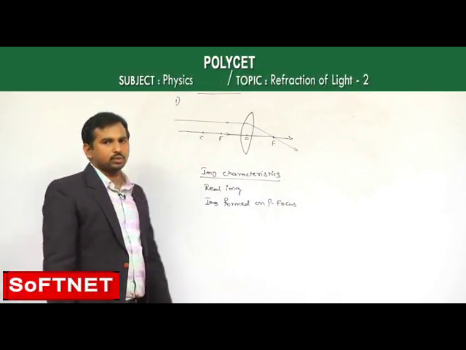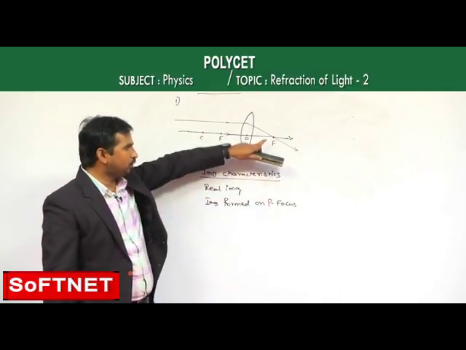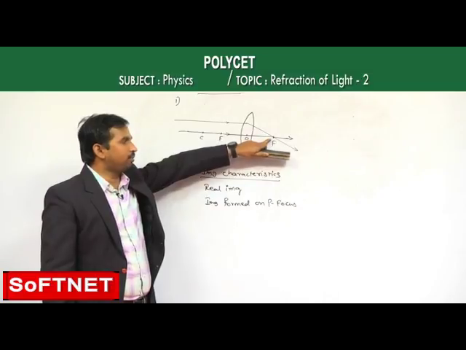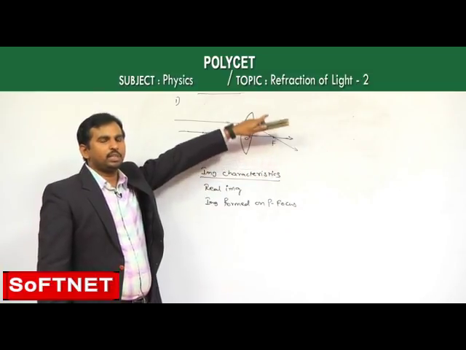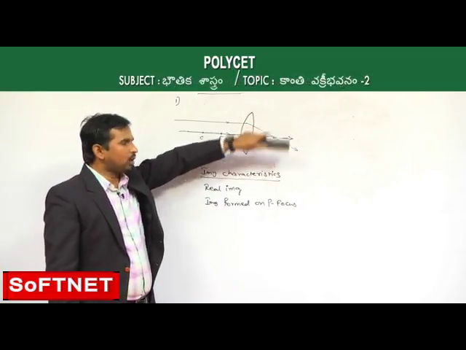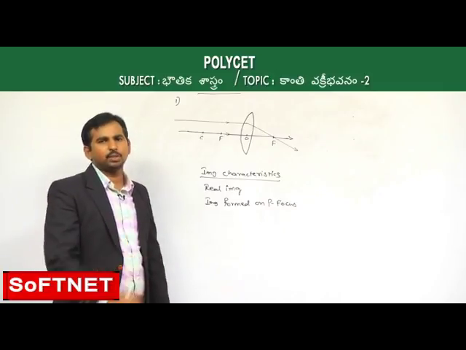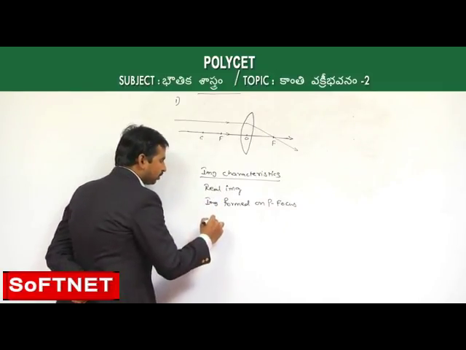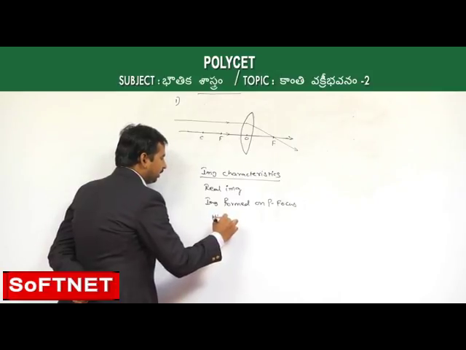And the next one, the image size. How to take that is, we have to take from the meeting point up to the principal axis. But here that meeting point is already on the principal axis. So that's why here the size is highly diminished.